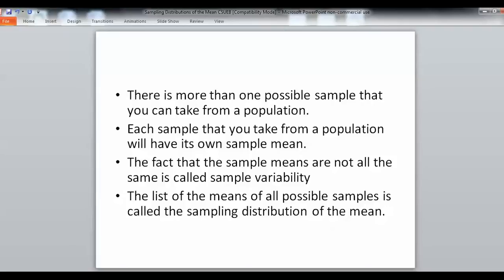It would mean that I selected one possible sample of 50 people, and the other researcher selected a different possible sample of 50 people. And if that other researcher calculated the average age of his or her own group of 50 people, the mean of that sample probably wouldn't be the same as the average of my sample of 50 people.